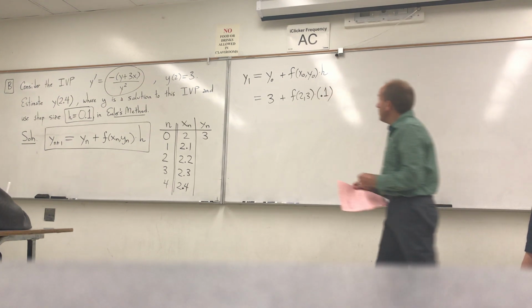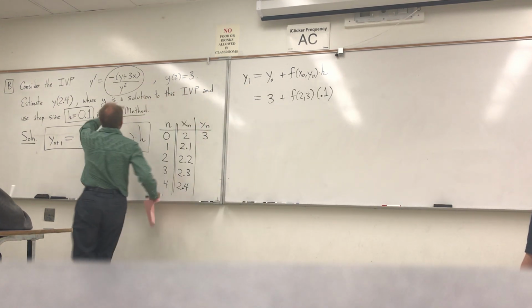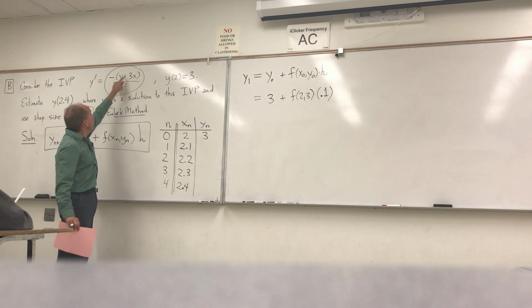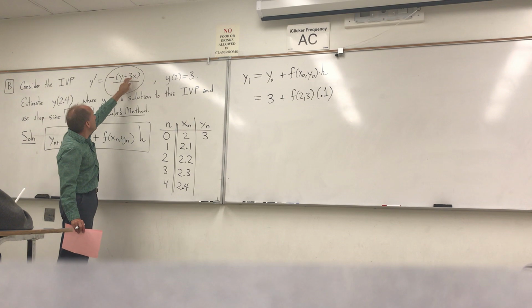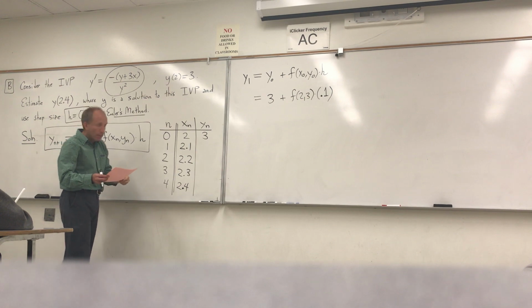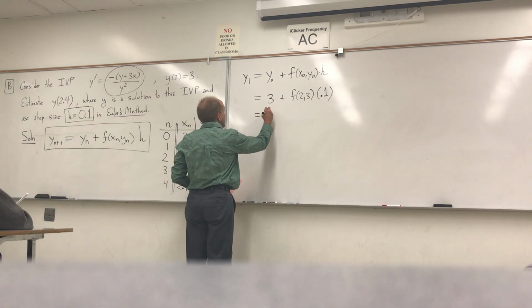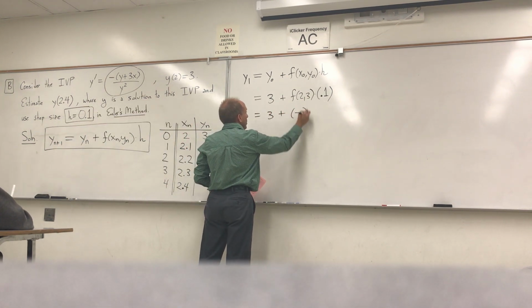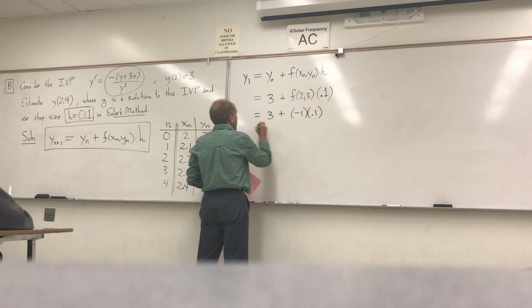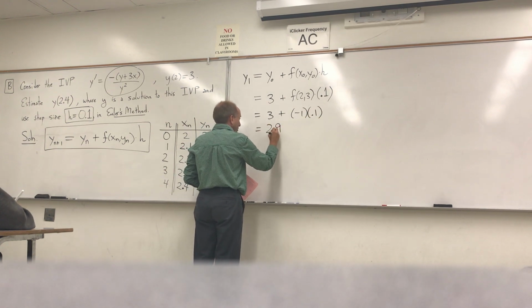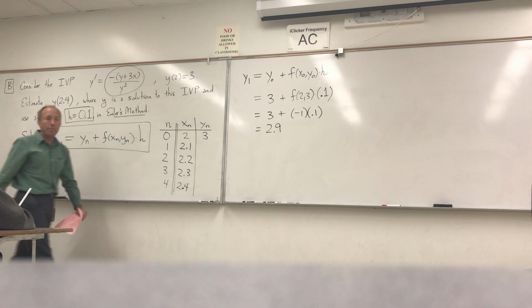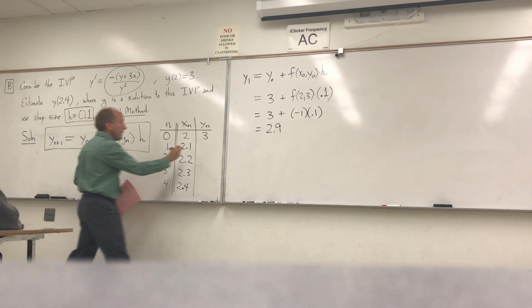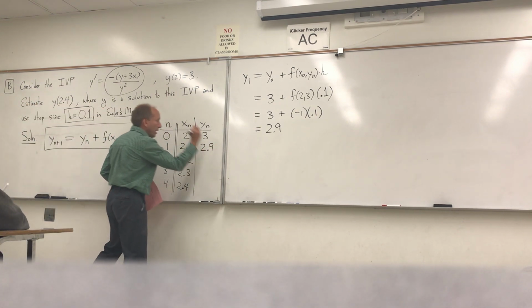So I have to put into my function x equals 2 and y equals 3. So this is 3 plus 3 times 2, that's 9, divided by 3 squared, which is 9. So this is just negative 1, right? So this is actually just 3 plus negative 1 times 0.1, and that gives me 2.9, obviously. So I'm just subtracting 0.1 from 3. So that tells me my next y value, which is 2.9.